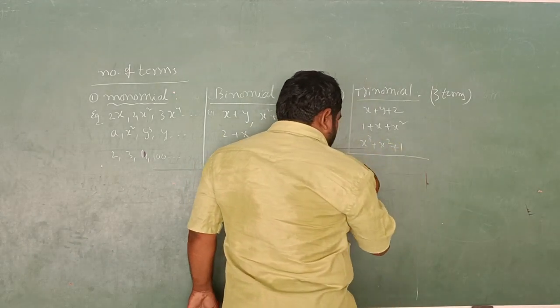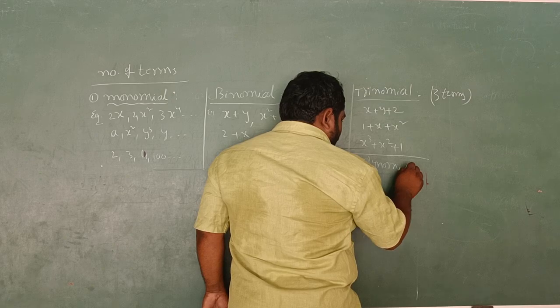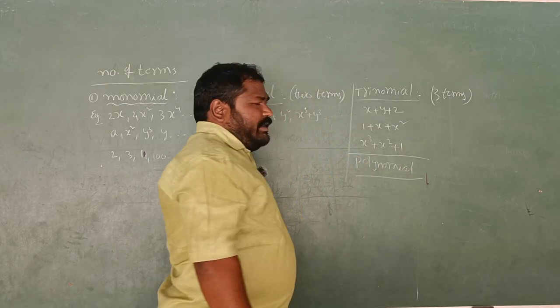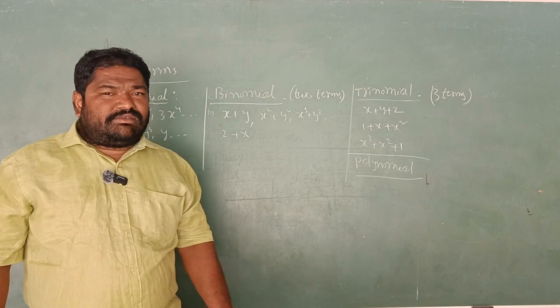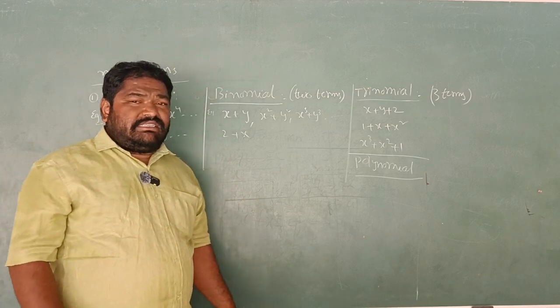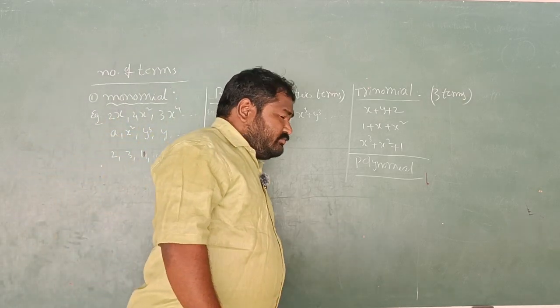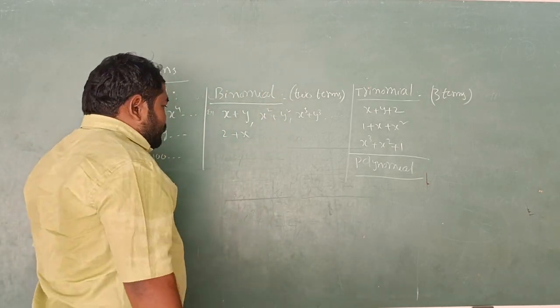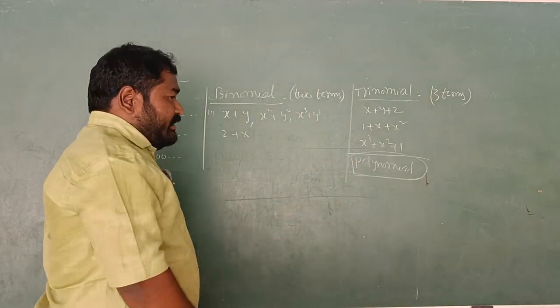Our chapter name is also polynomial. Combination of many terms, but the variable contains non-negative integral power, is called a polynomial. According to the definition of polynomial, we can conclude a point.